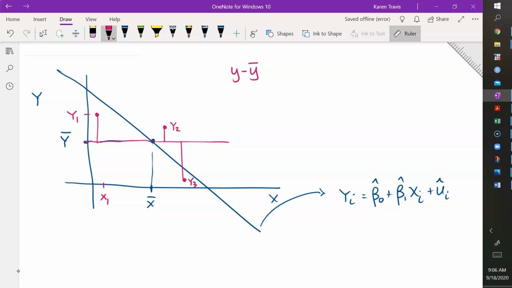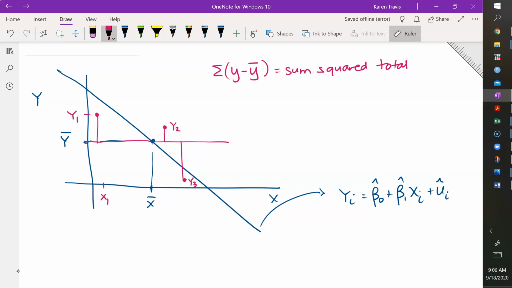So each of my pink colored bars represent those distances. So if we take each of those distances and then added them up, this is my sum squared total. So what it's telling me is about the amount of total variation that's existing in my dependent variable y.